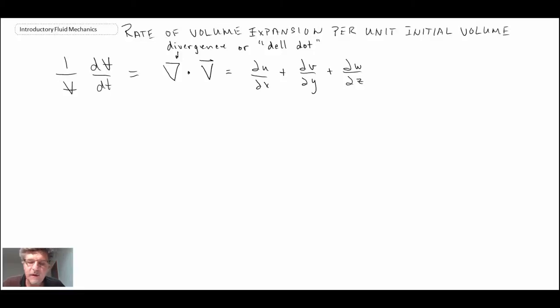Del dot is expressed in terms of partial derivatives of our three velocity components u, v, w. And if we have a flow where del dot v is equal to 0, this would be the case where the volume does not expand or contract in the fluid flow, and that is what we would call incompressible.